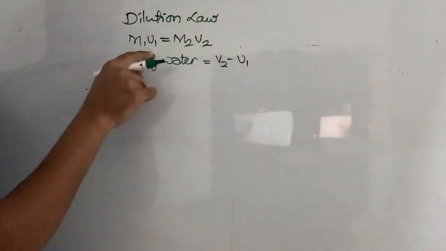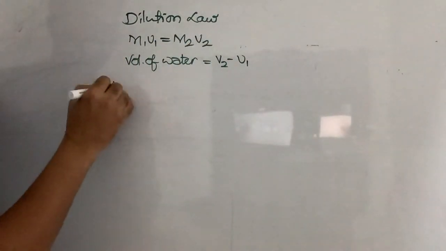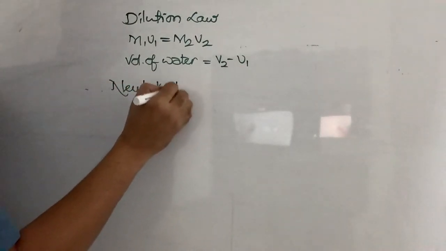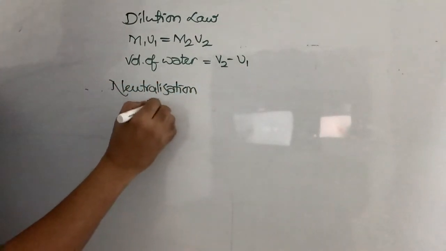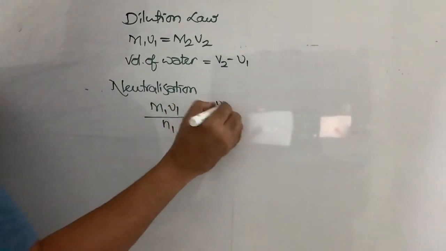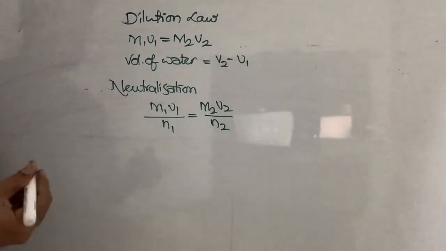The difference is the volume of water to be added in the particular dilution. Neutralization law: M1 V1 by n1 is equal to M2 V2 by n2. It is the neutralization law.